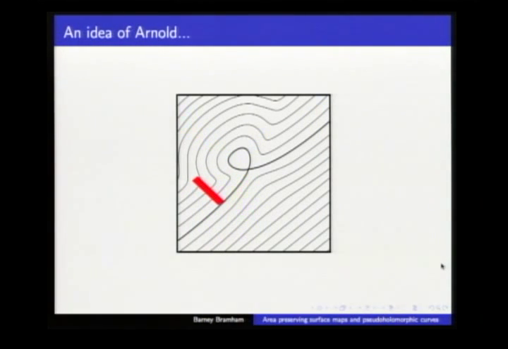Close to the saddle point, the flow is very slow compared to further away, so the points here on the red set are going to be left behind. These ones will just keep moving faster. By the time it gets to there, it's gone past one saddle point and will have got tilted a bit. Then in a moment it's going to go past the saddle point a second time, and then it gets stretched even more.